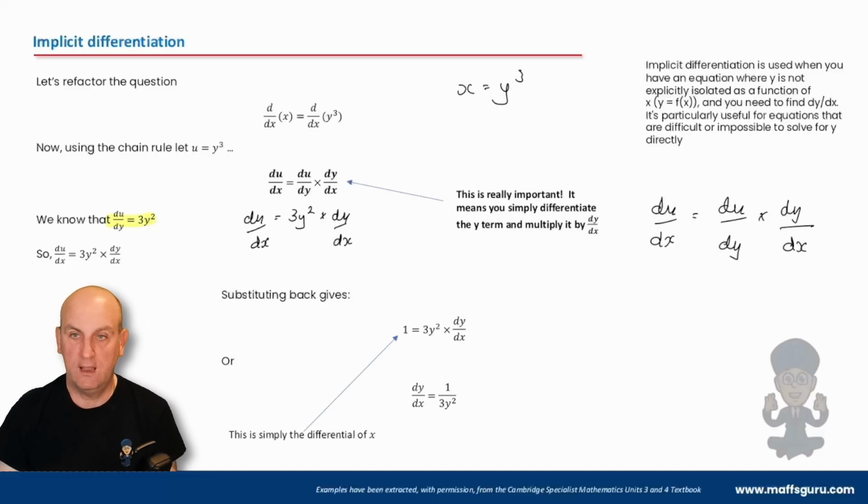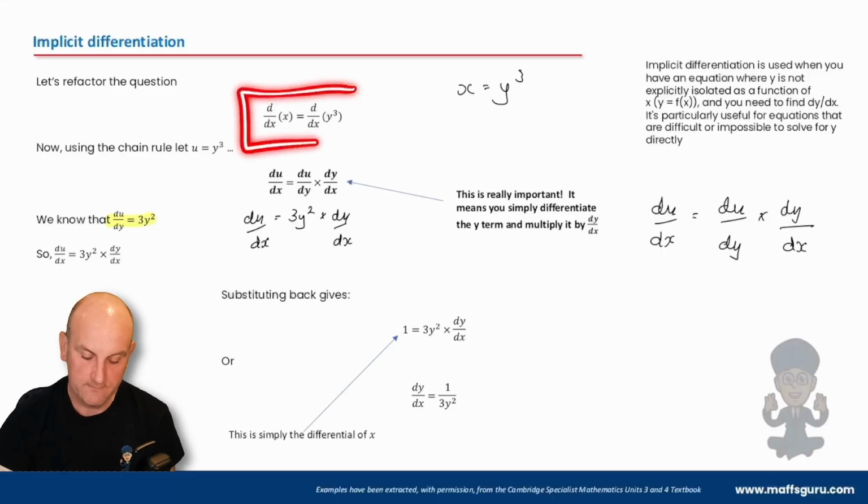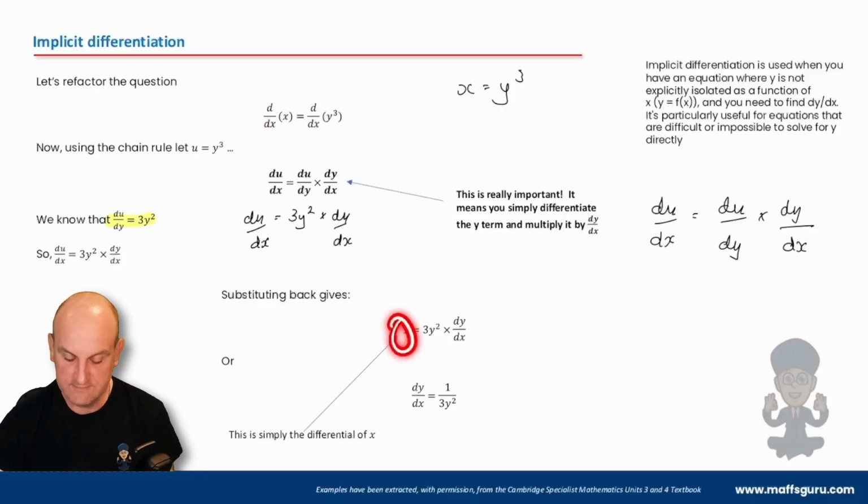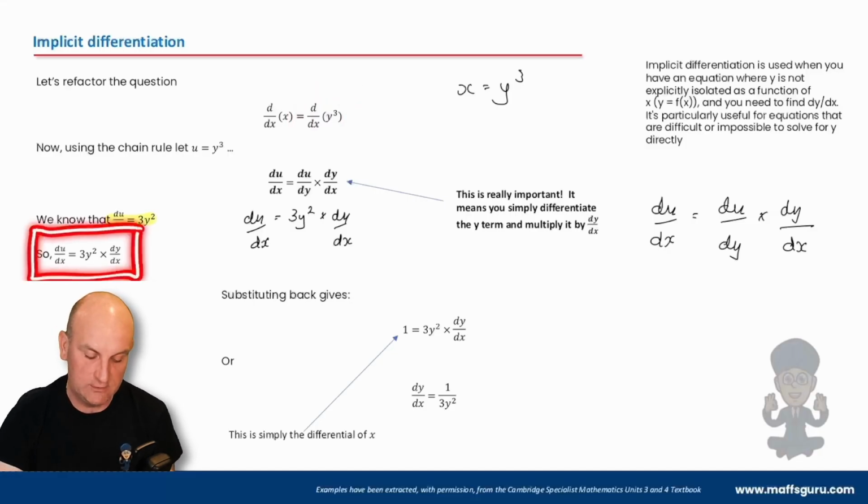Okay, right, well now if we go back to having this here, the differential of x with respect to x is basically 1. And the differential of y cubed with respect to x, so again, let's just go back to here, that's du by dx.